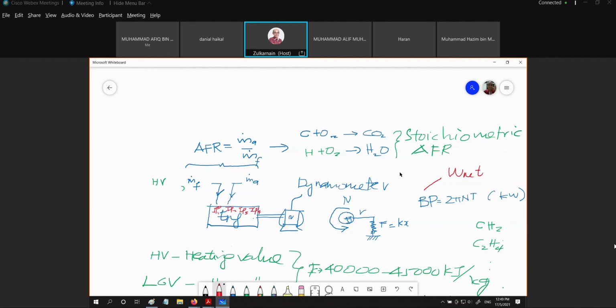If we sum up all the IP, IP1 plus IP2 plus IP3 plus IP4, this is the potential energy or power that we could have from the engine. But this is not the output of the engine. What is actually output from the engine is from this shaft, and the output from the engine we usually refer to as the brake power. So now we have 2 types of power. One is the power in the cylinder, and another is the power being produced by the engine. Okay? I think I will stop right now and we continue on Wednesday, inshallah.